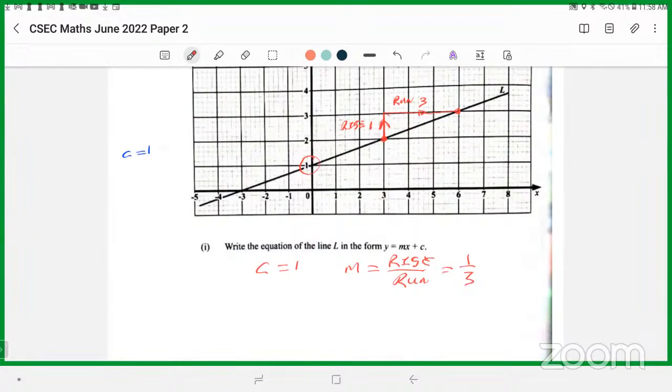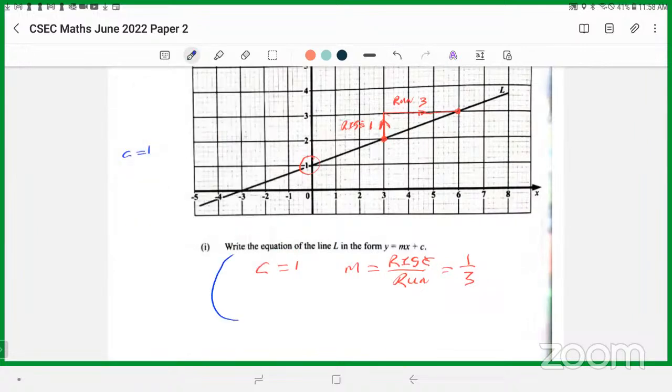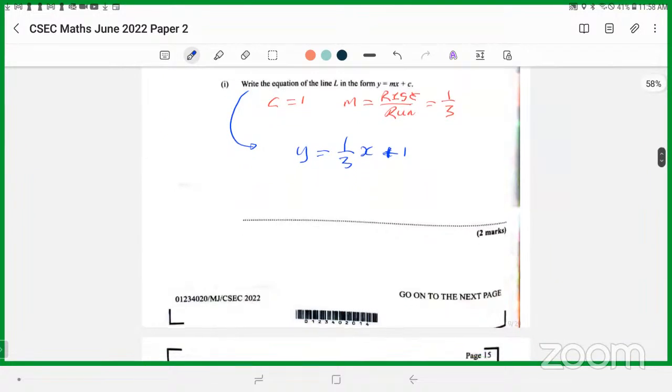And so the equation, that's why I'm saying write it down, because there's no calculation needed. And so the answer right here is that y equals a third x plus 1, mx plus c. Done. But okay with that? Yes, sir. All right. Next question.